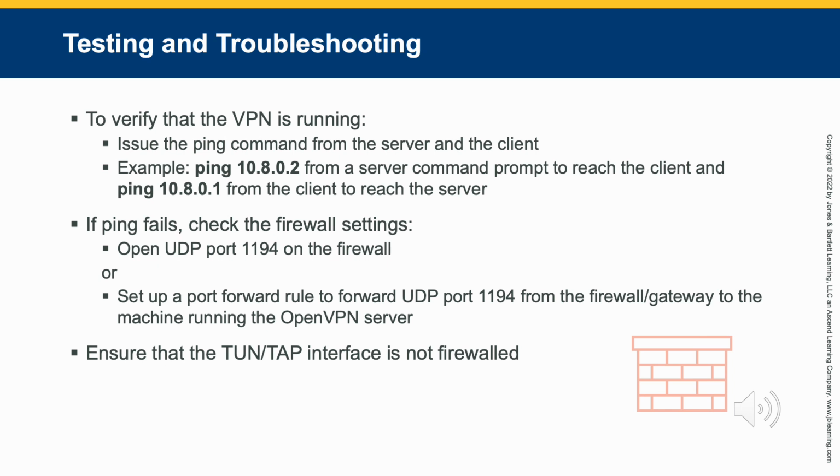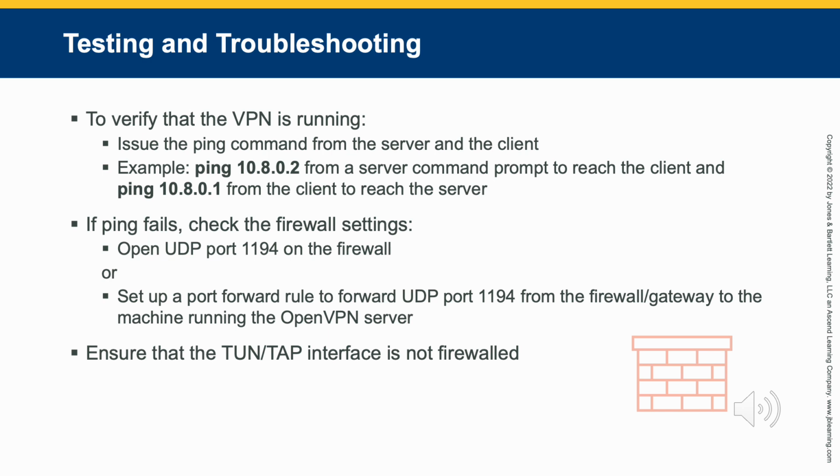Testing and troubleshooting. To verify that the VPN is running, issue a ping command from the server and the client. For example, ping 10.8.0.2 from a server command prompt to reach the client, and ping 10.8.0.1 from the client to reach the server. Now, the important part is you can't just run those commands on any network.